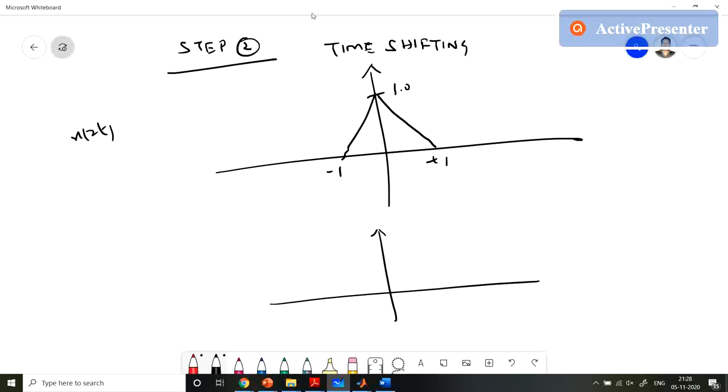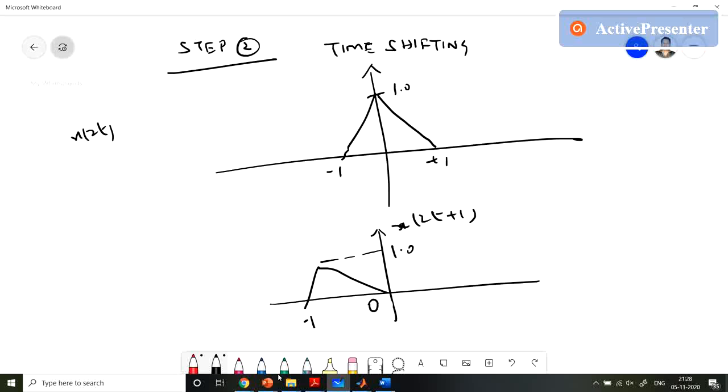So x(2t plus 1) gives us +1 becoming 0 and -1 becoming -2. So we have shifted by one unit in the left hand side, and the amplitude will remain the same. So we did time shifting.